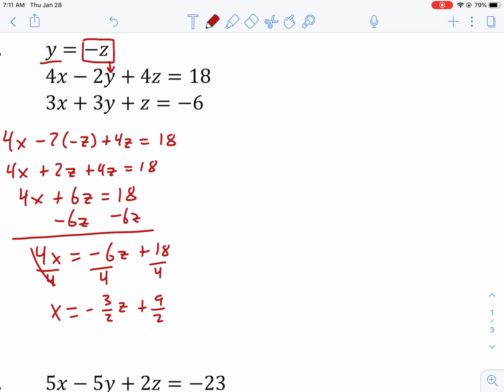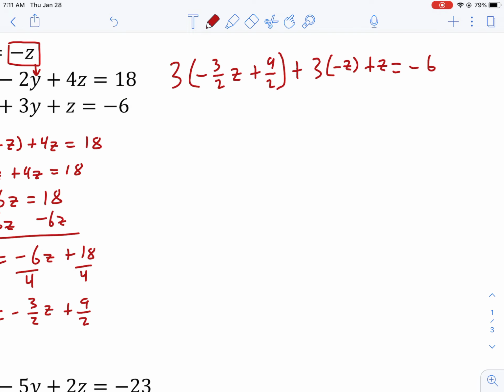Now we go into that bottom equation, and now we've got to substitute for x and for y, both in terms of z. So we've got negative 3 halves z plus 9 halves in for x. Then y is negative z, plus z equals negative 6.